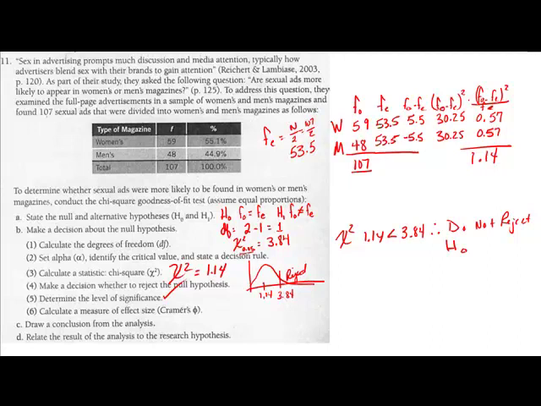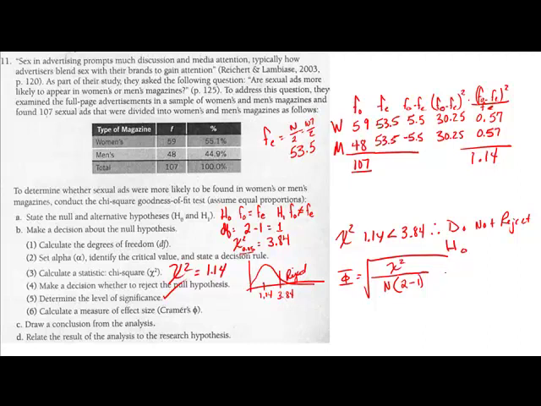Calculate a measure of effect size. We can go ahead and do that. So this is Cramer's phi. Cramer's phi is equal to the square root of our chi-square divided by n times the number of groups minus 1, so our degrees of freedom.